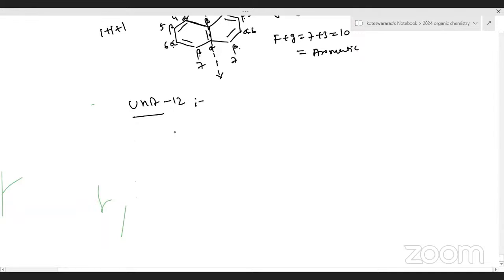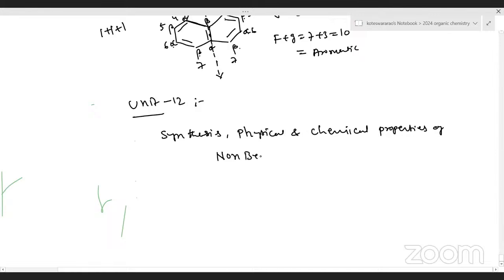That is, synthesis, physical and chemical properties of non-benzenoid aromatic compounds.